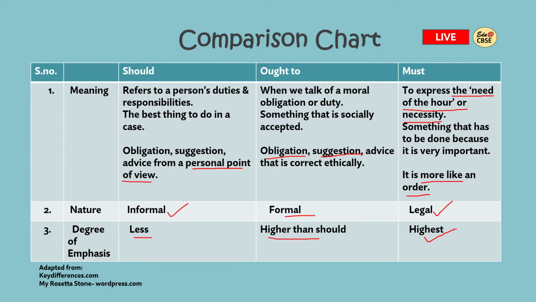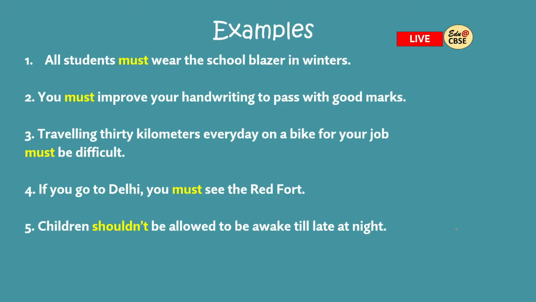And sometimes should, ought to और must जो है ये replaceable है. We can interchange it because according to the sentence कई बार should भी ठीक है and must also becomes correct. So in such cases when you are not able to decide कि must use करना है या should use करना है, so in case it is an MCQ form, MCQ फॉर्म में क्या होगा कि दोनों में से एक ही दिया होगा.